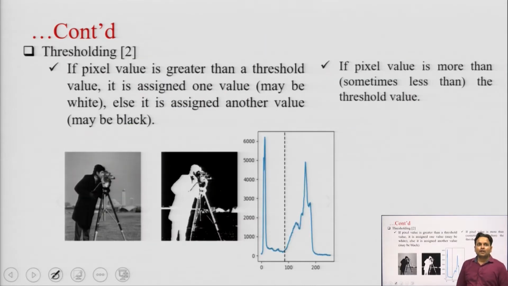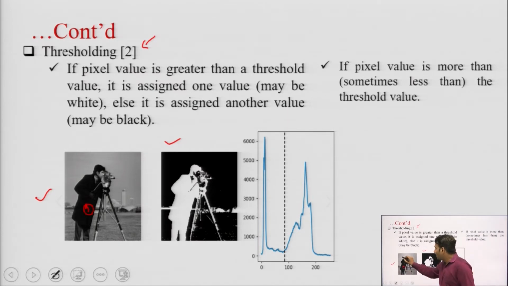Okay. Now, if we talk about another operation of digital image processing, that is thresholding. So, for thresholding you can observe these two images. Here you can see the first is completely black, and the second one is completely gray.